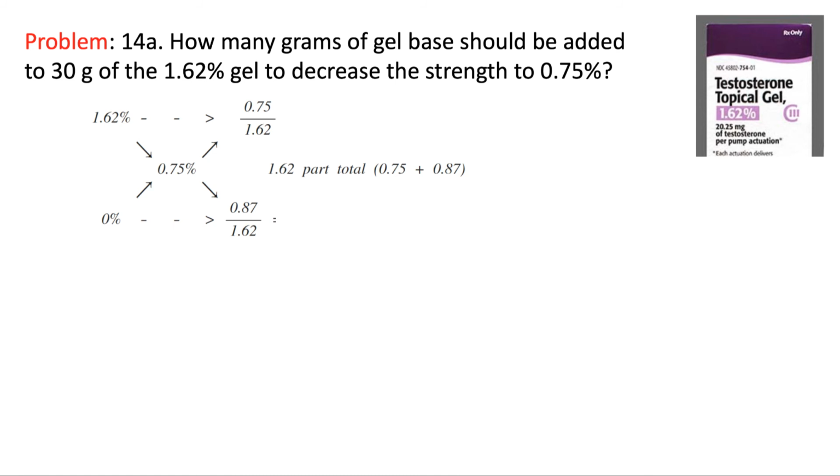So now where do we go from here? Well, the only other thing we know is that we're starting with 30 grams of the 1.62% gel. With that 30 grams, therefore, would be the same as the 0.75 parts. That's what I was given on top.